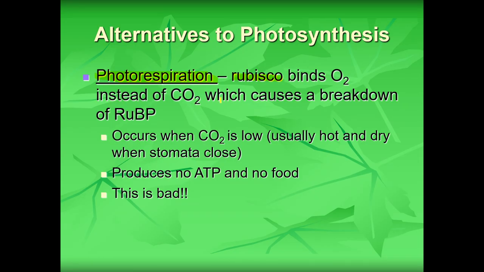Now, the problem with that is if rubisco is not binding carbon dioxide, there is no food, okay? There's also no ATP produced. And so what's happening is you have dry climate, you have hot conditions, stomata are closed, so CO2 is not coming in, food can't be made, energy can't be made without the electrons from water. And so this is a bad thing for plants, okay?